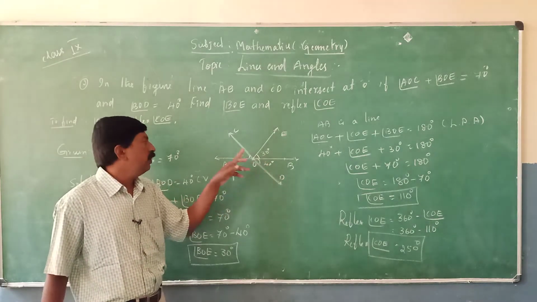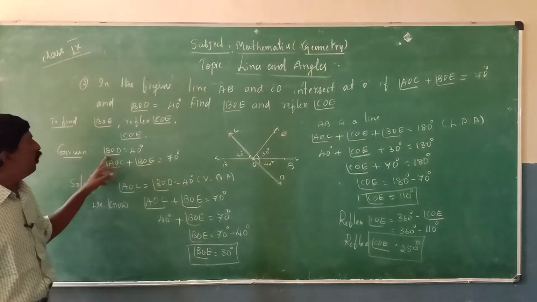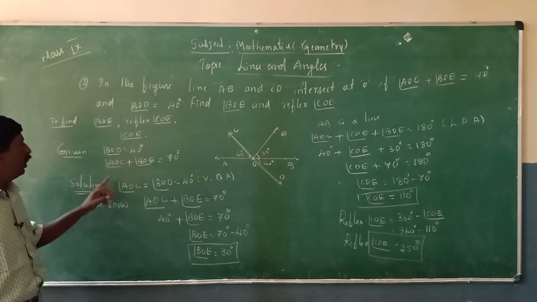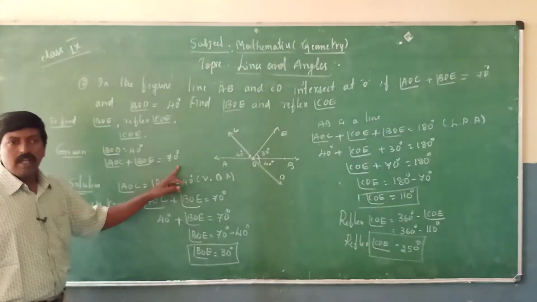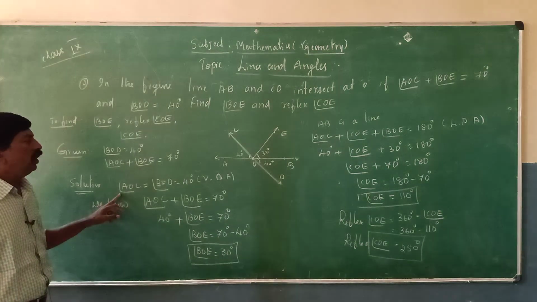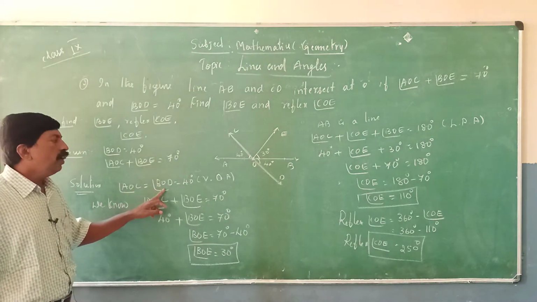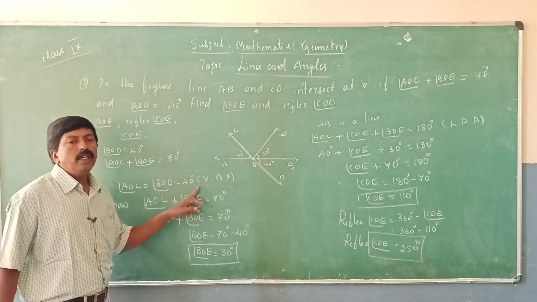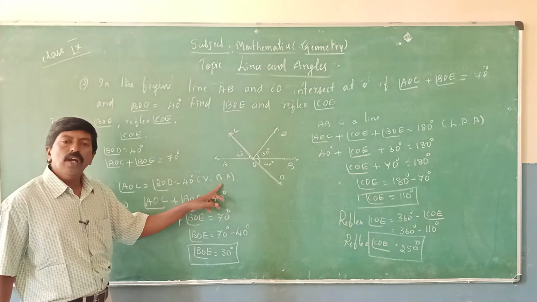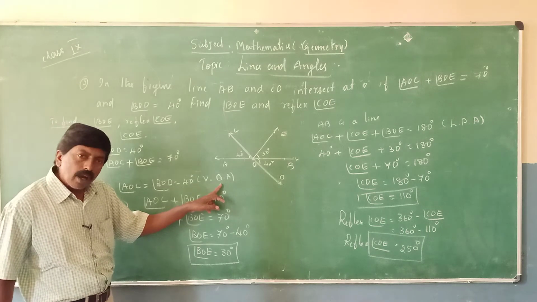With the help of this we got AOC. So BOD is 40 degrees. Now we have to find AOC. Remember AOC is equal to BOD, which is equal to 40 degrees, because those two angles are vertically opposite angles.